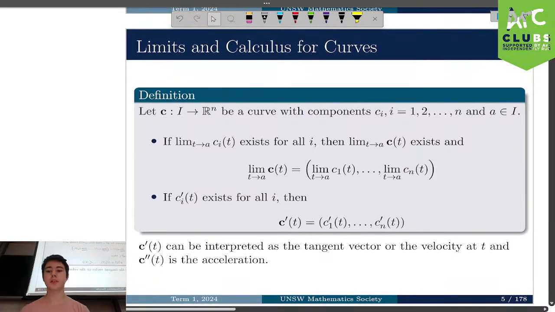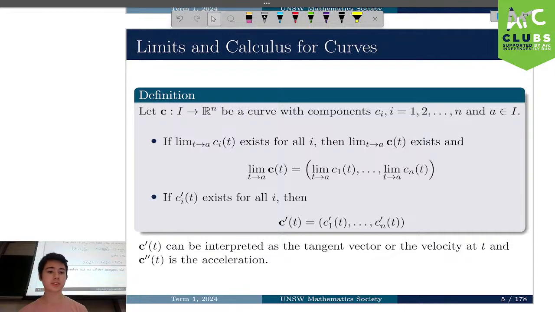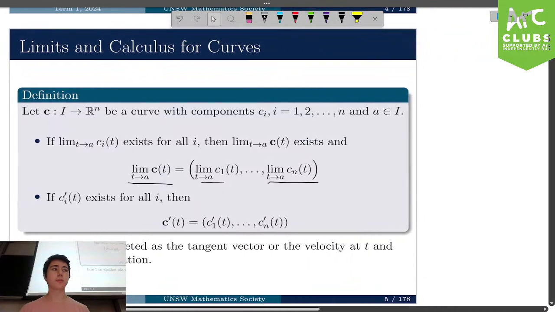Okay, I'll touch on those just in a little bit, but first up, let's look at the limits and calculus for curves. So, for this little section, we're going to be looking at what it means for a curve to approach a point at a limit. Well, what we imply by this is that, given that limits exist component-wise, we have the breakdown of every component for a limit.